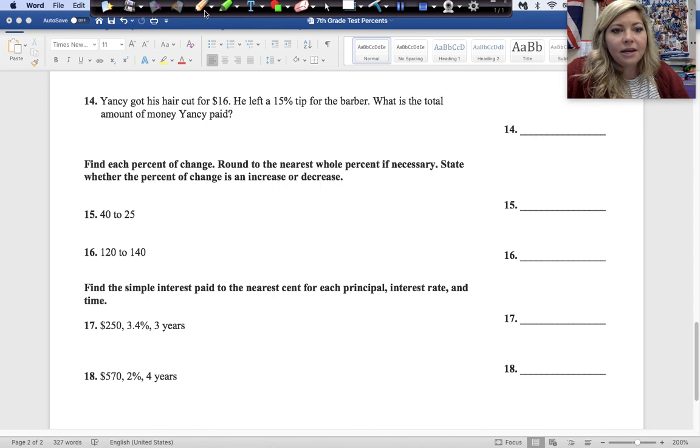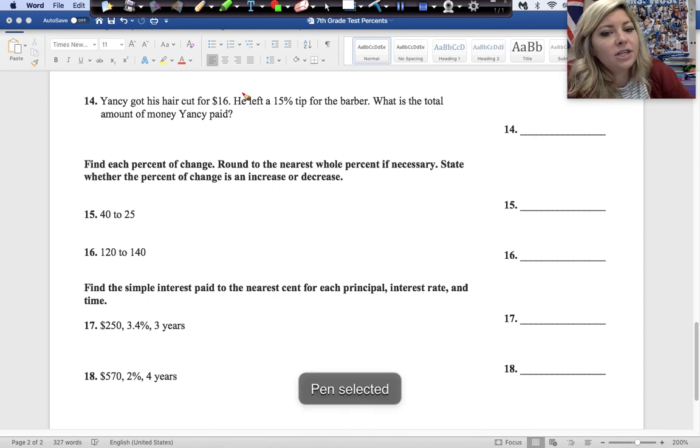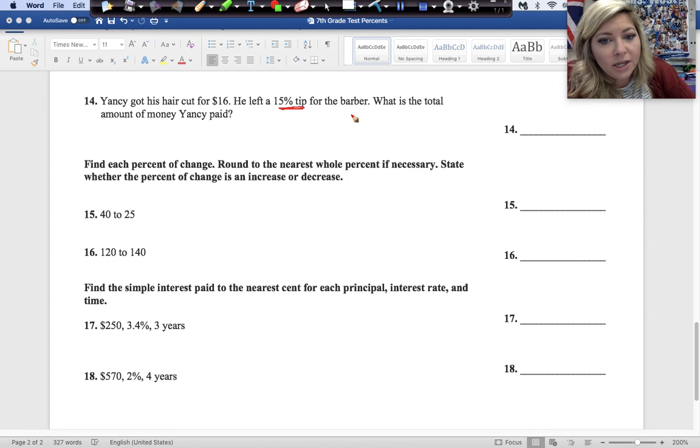Okay, Yancey got his haircut for $16. He left a 15% tip for the barber. So 15% tip means we add that to 100%, so that's 115 over 100 equals x over 16.